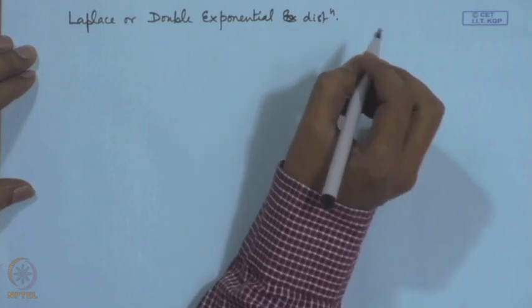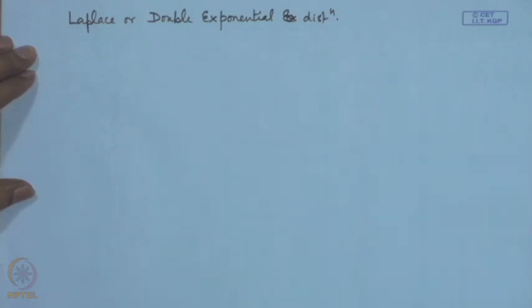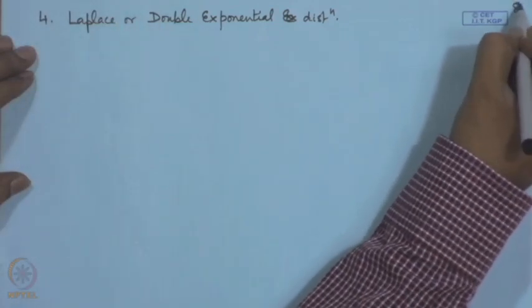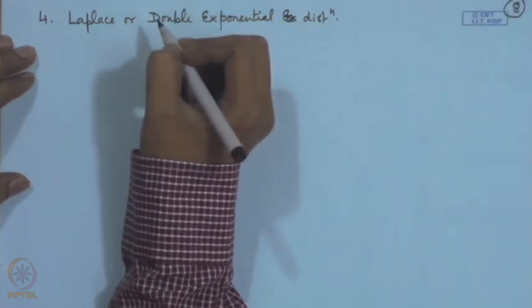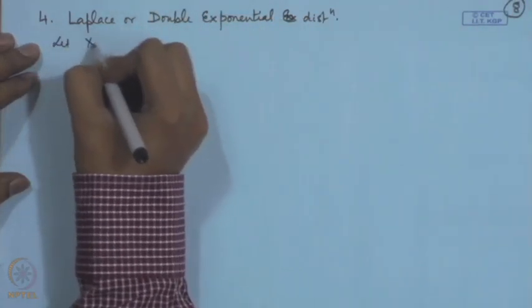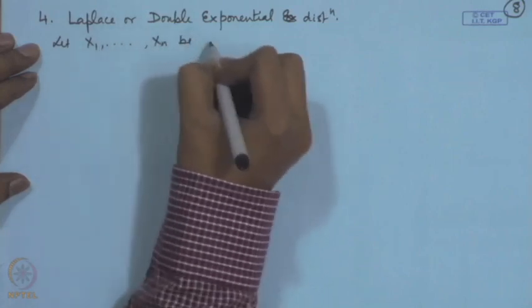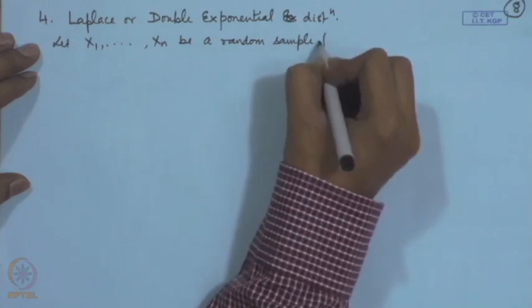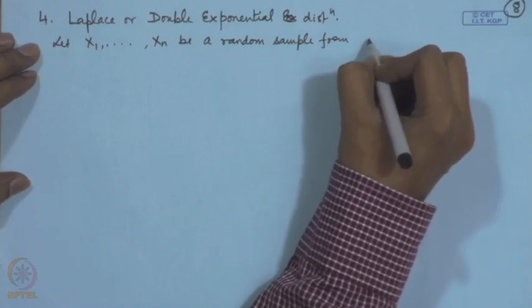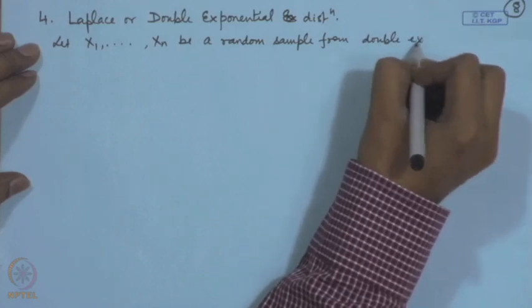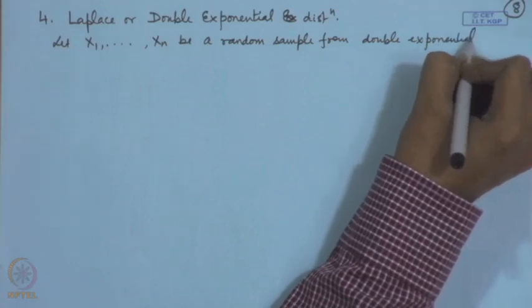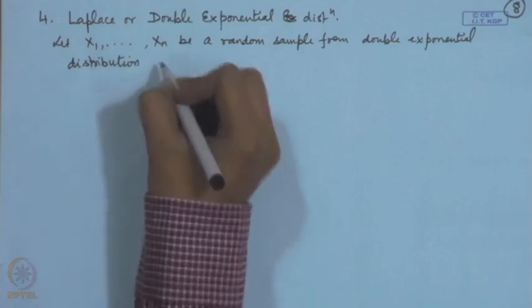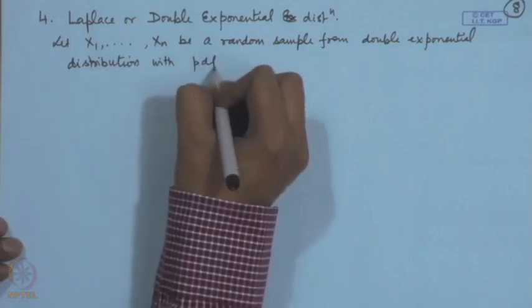So, let x_1, x_2, ..., x_n be a random sample from double exponential distribution with the probability density function.